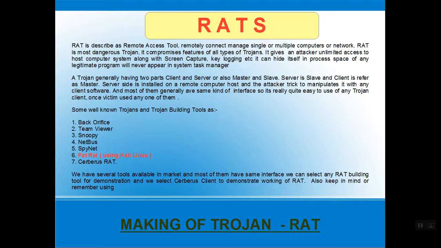And here we go with the RATs, starting with the Fat Rat using Kali Linux. Here's an example of making a Trojan RAT. As we know, a RAT describes a remote access tool, and it is one of the most dangerous Trojans in the world, giving the attacker unlimited access.